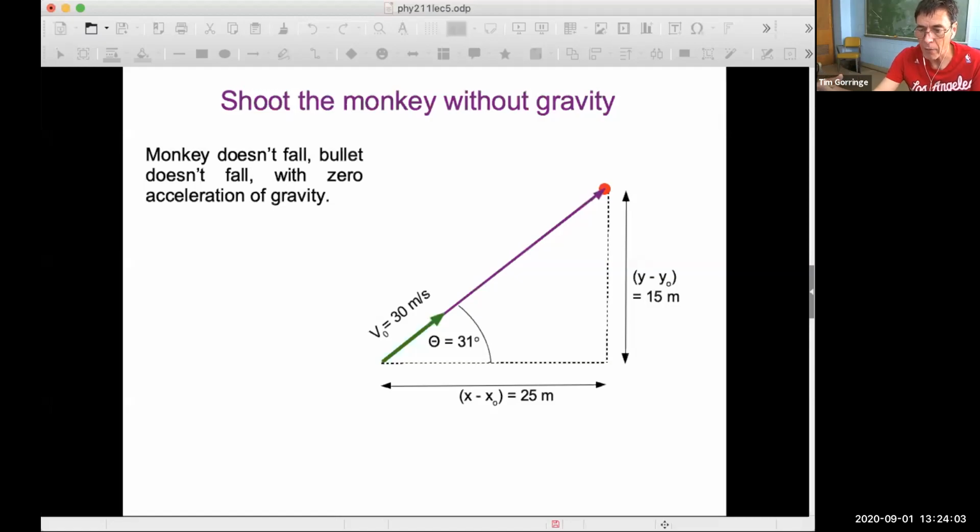And then I'm going to imagine what happens when gravity is on. And I think that will help us by picturing what happens with and without gravity. It'll help us understand the projectile and the falling body motion that's happening here. So I want to get my drawing pad back up.